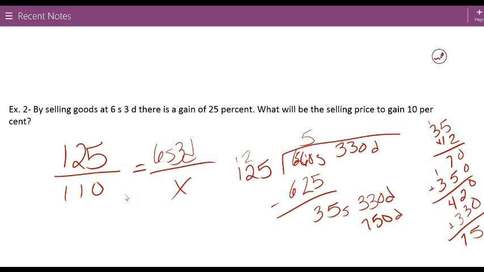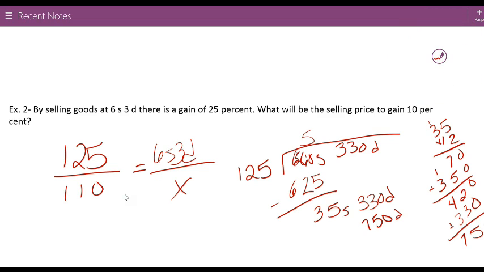Now we divide 750 by 125. Let's try 8. 8 times 2 is 16, plus 4 is 20. Oops, that's too much. That would give me 1,000.